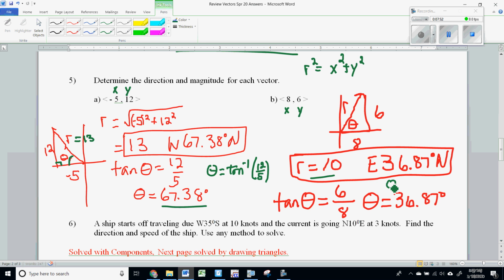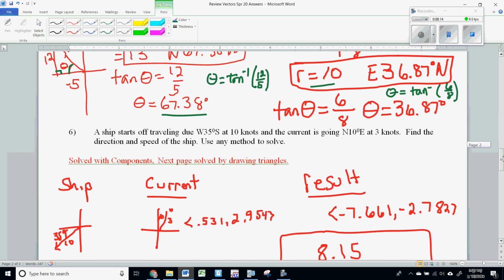Over here, theta is going to be inverse tangent of 6 over 8. Now, when I do these, I like to do everything with positives. I like to draw right triangles, and then I like to just think about positives and negatives based on what quadrant it is, instead of trying to deal with those as I draw the picture.